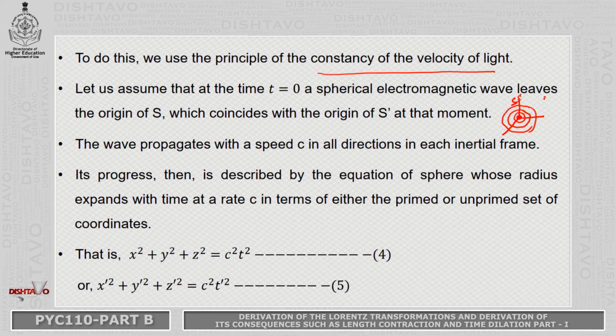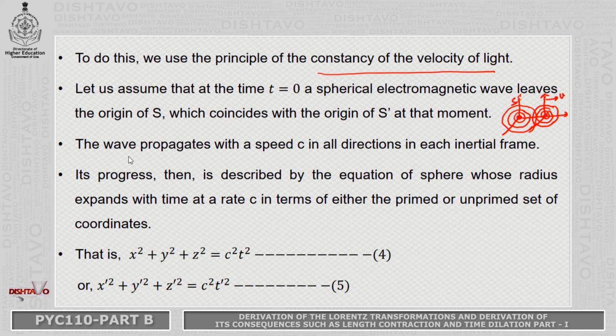After that event occurred, S dash moves in the forward direction with a velocity v. For him also, because the speed of light is the same, it is not different, he will also say that there is a spherical expansion of that wavefront from his origin at the center of that wavefront.